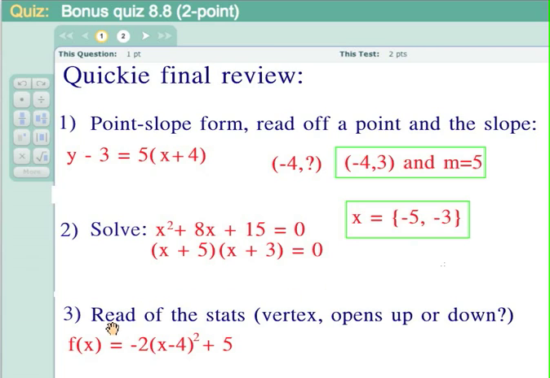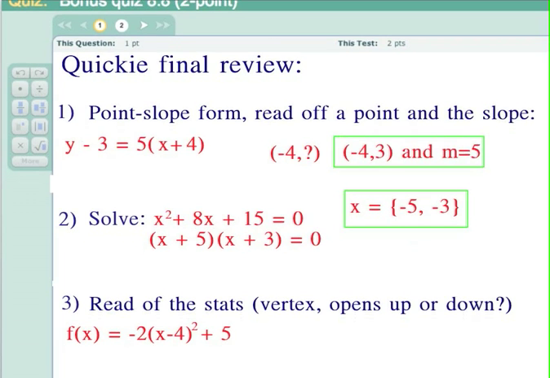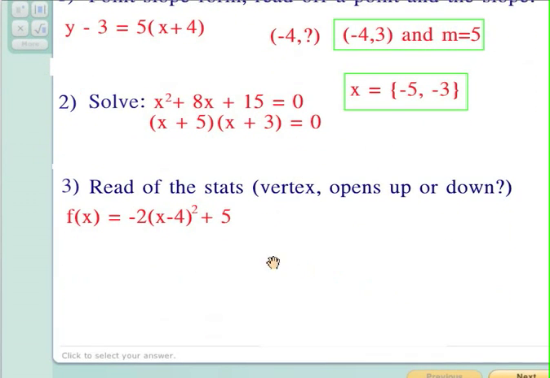Okay, now the third one, that's where we're at right now. Hopefully you're keen enough now in this section to recognize that this is a parabola in vertex form. And it's very easy to read off the vertex here. All you do, just like we did up here, is ask yourself what value of x makes this 0. And the answer is 4.